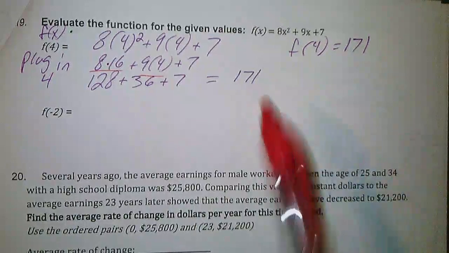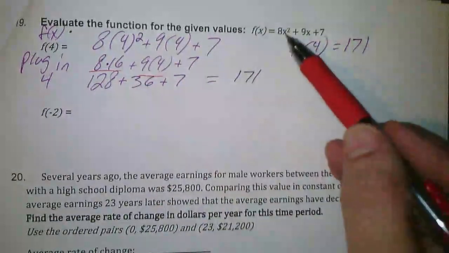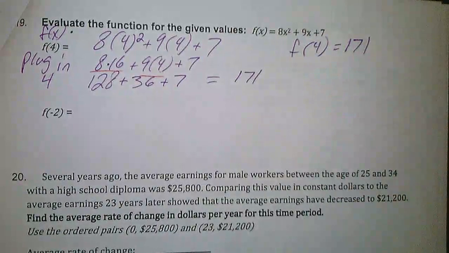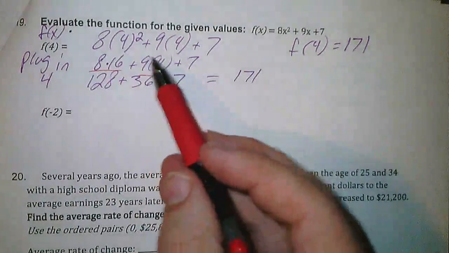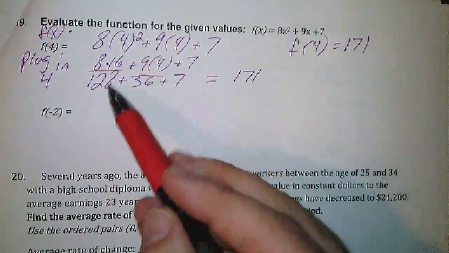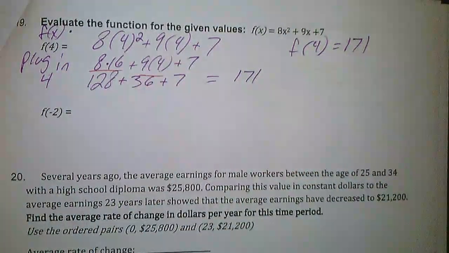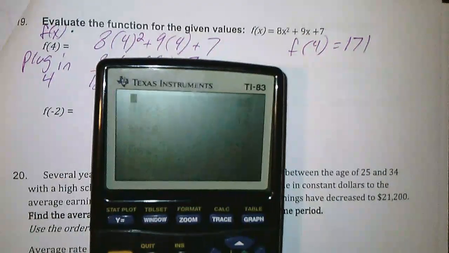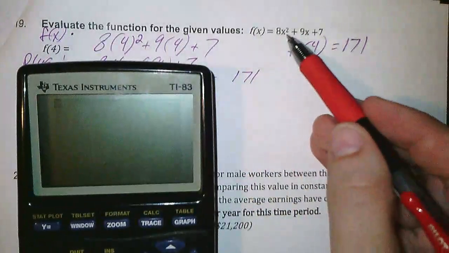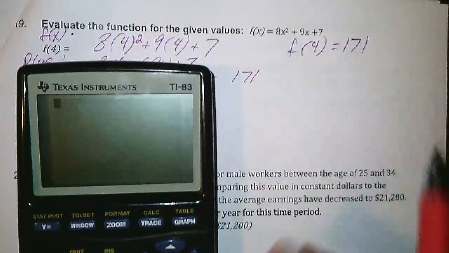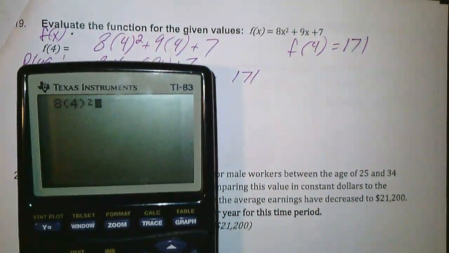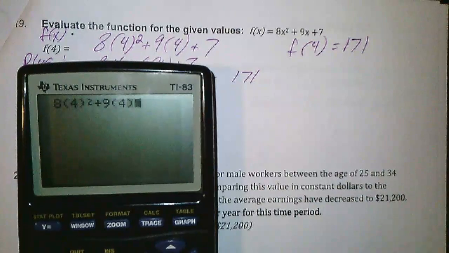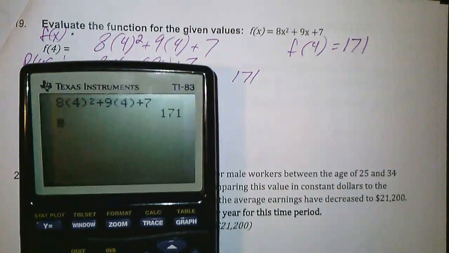I hope that's right. That's a big number. But we end up with 8 times 16, so we end up with a large value. Maybe doing this much arithmetic is kind of daunting. You could try to do this all in this screen. 8 parentheses 4 squared plus 9 times 4 plus 7.